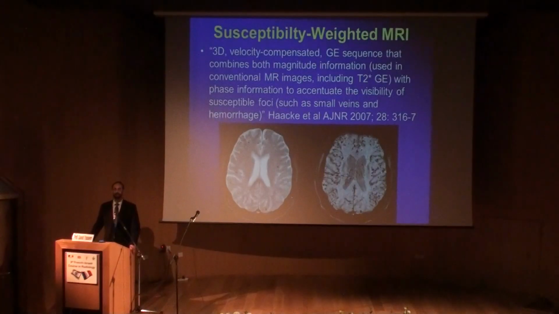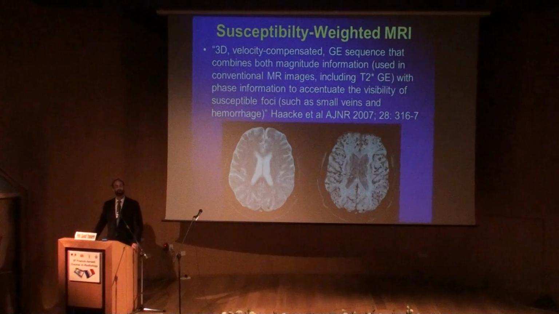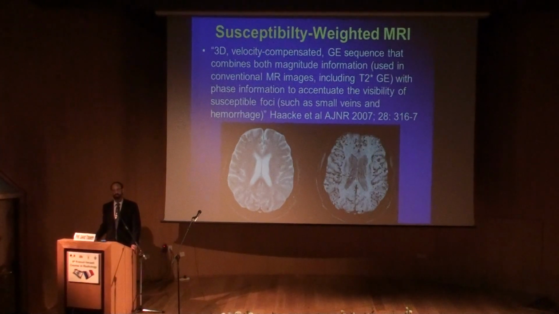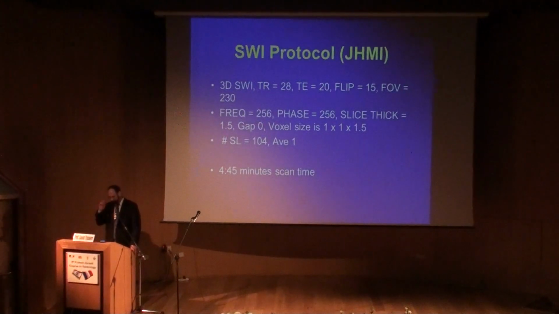Well, susceptibility-weighted imaging is a technique that is exquisitely sensitive to this T2 shortening effect. It's a 3D velocity-compensated gradient echo pulse sequence, and this is as Haacke described it. And even when you compare gradient echo scanning to susceptibility-weighted scanning, you're able to see even more sensitivity to those T2 shortening blood products, such as deoxyhemoglobin or hemosiderin.